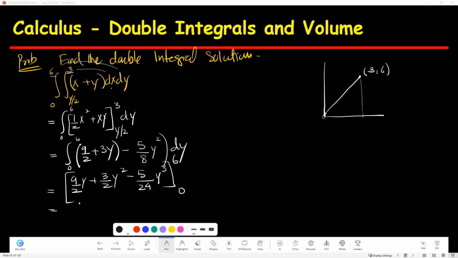If I substitute the value, 9 divided by 2 times 6 plus 3 divided by 2 times 36, and minus 5 over 24, and let me just see. 216.